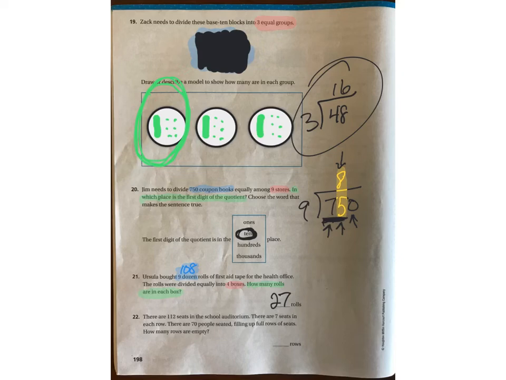Well, let's first figure out, before we start throwing stuff together, how many rows in total do we have? We don't really know right now. We know there's 7 seats in each row. So let's figure out how many total rows we have. The way we're going to do that is I'm going to highlight first my dividend, which is 112 seats.